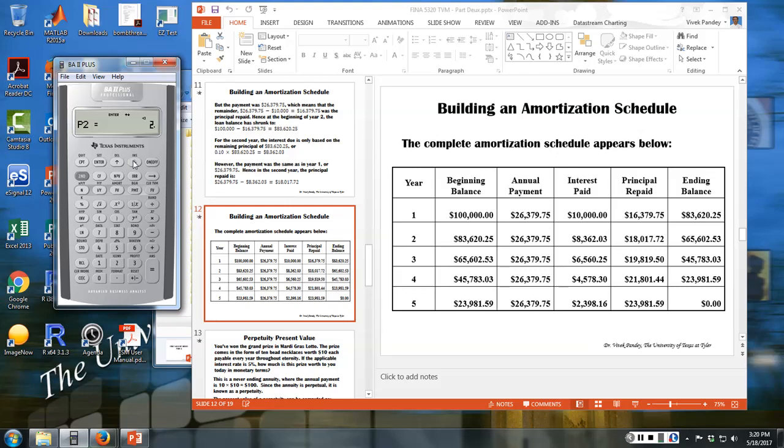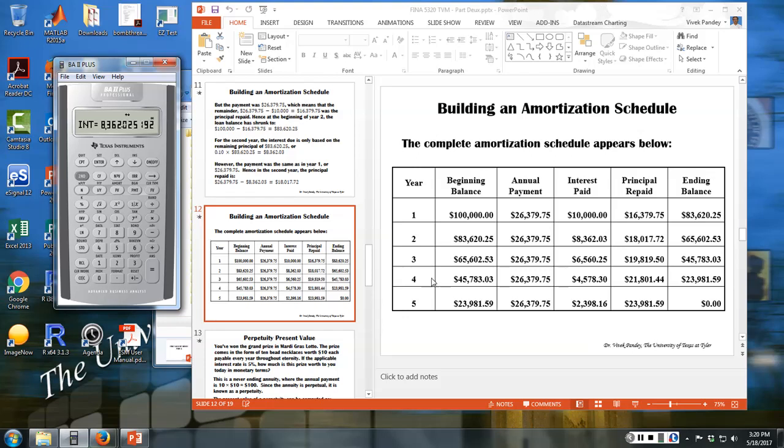Now I get the balance of 65,602.53, principal 18,017.72, that's the principal repaid, interest 8,362.03, right?